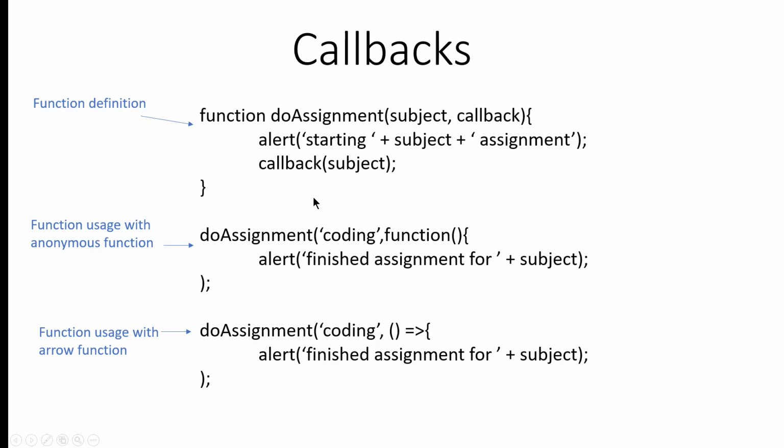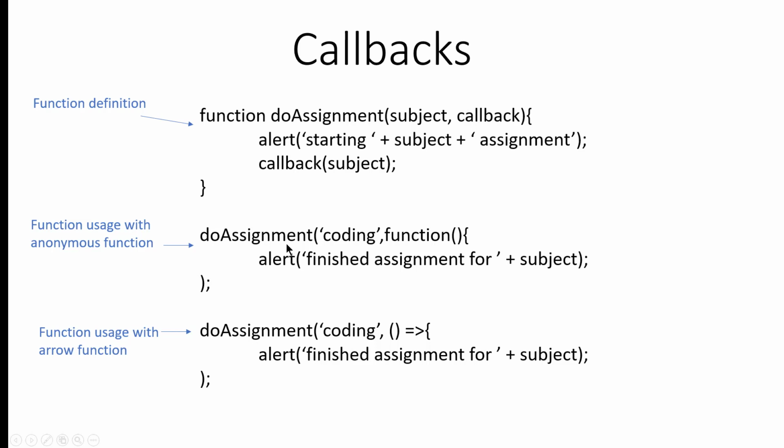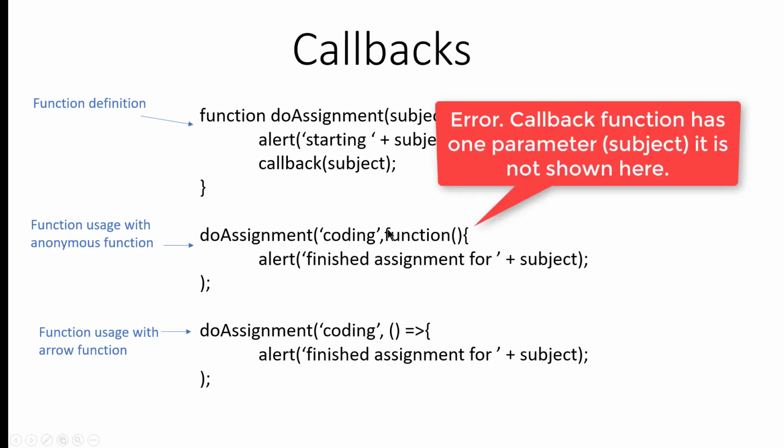More normally, you won't see named functions like we have just seen, where we have our callback function as a named function that we reuse. We'll probably see them done as anonymous functions. In this case, coding is the variable or the subject we're passing in, and the function, rather than referencing a named function, is this anonymous function.